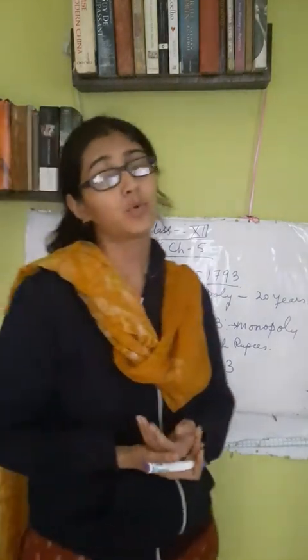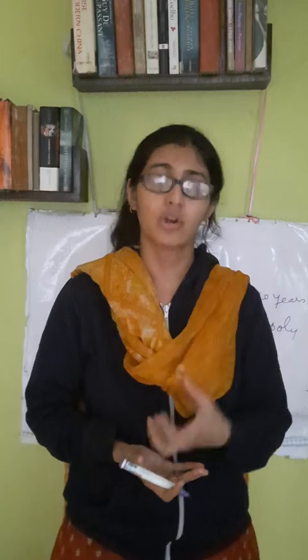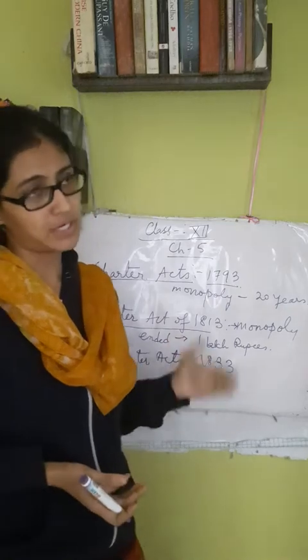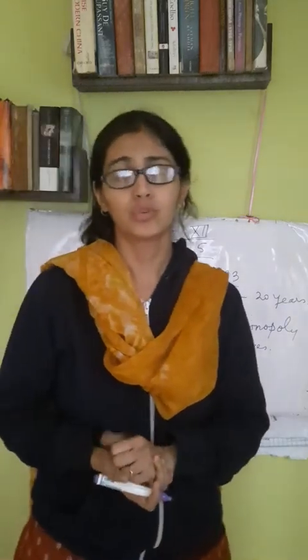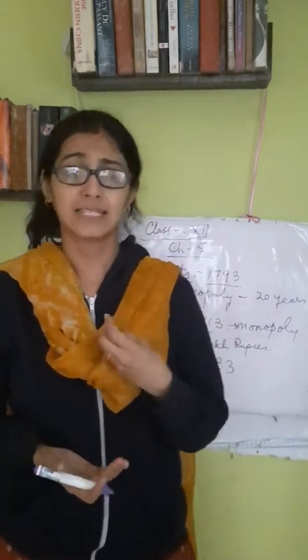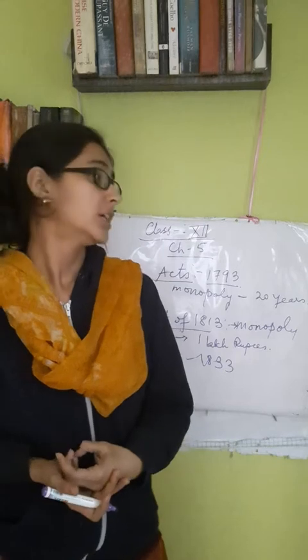You see, for 20 more years the British established more strong control over India, and the monopoly was not there. The English East India Company and other English merchants could trade in India, and they could collect land revenue. They could also collect other taxes for their own profit. So this was it.